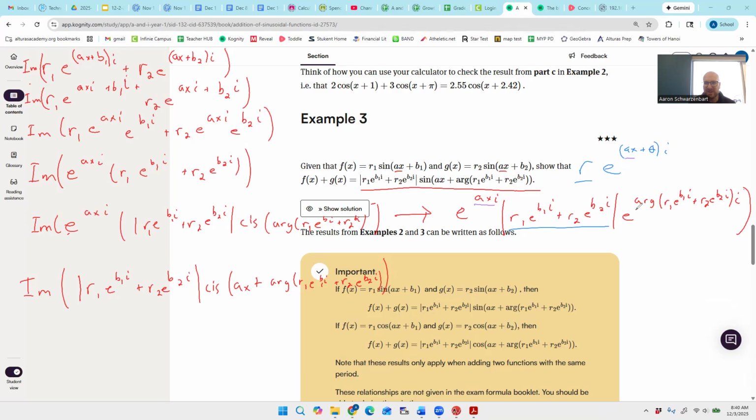This is your lovely theta. And they factored out the I. And then you go back to CIS, and then you go to sine, as I get rid of the imaginary part.